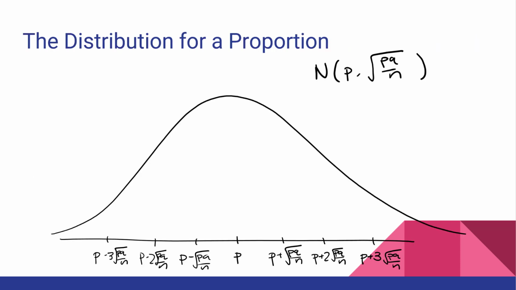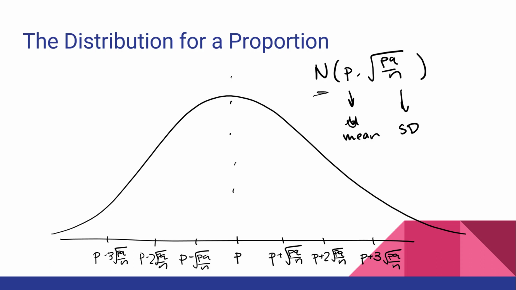So this is what these distributions look like. If you'll remember before, for our normal models, there was a special notation where it was N for normal, and then we have our first term representing our mean, and our second term representing our standard deviation of this model. For a proportion, the mean will always be your population p.